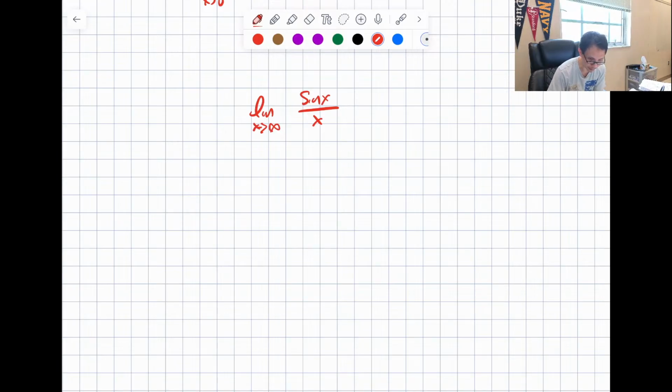So f of -2 is equal to -2 minus 3 over -2 minus 2, that's -5 over -4, so it's equal to 5 over 4. So the removable discontinuity is located at this point, right? And that's going to be the removable discontinuity.